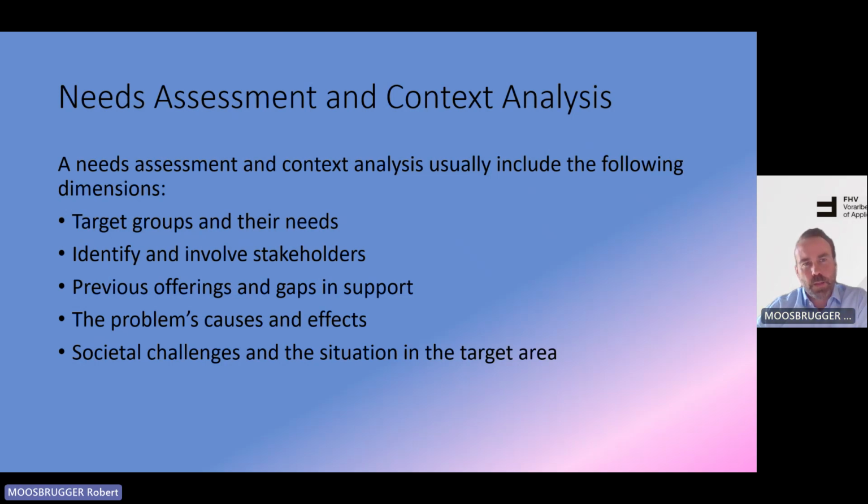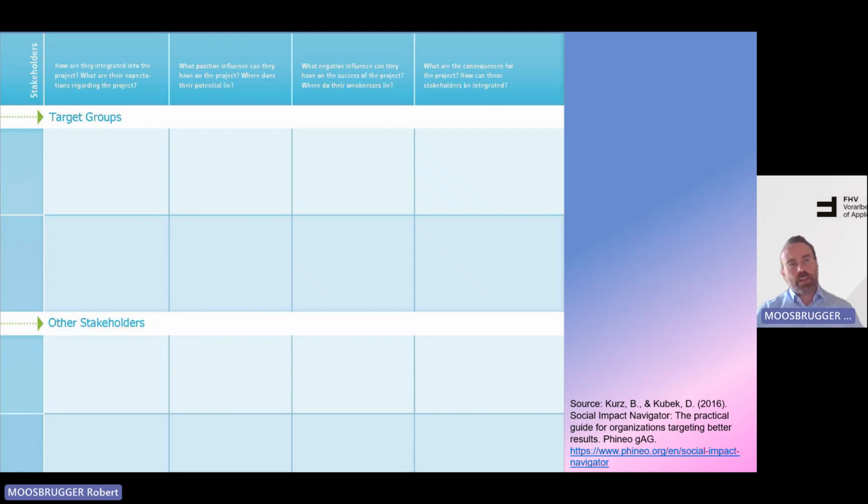Now, let's look more closely into the stakeholder analysis, which is one of the main tools for your needs assessment. For the stakeholder analysis, you usually use a table like this one. You can find them easily on the internet if you look for stakeholder mapping, or here I've got also a source where you can find this particular example. Basically, you list the various target groups that you want to work with, and you then describe how they are integrated into your project, for example.